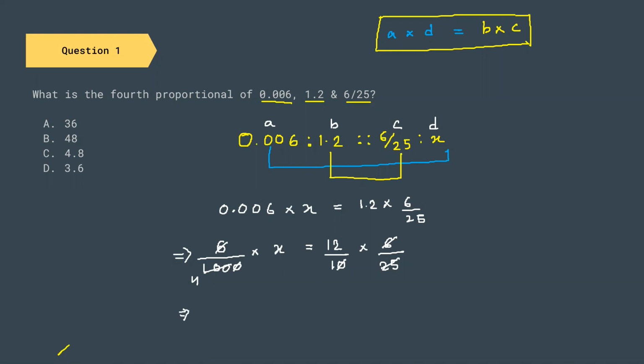This is going to be x by 4 is equal to 12, if I'm not wrong. In the next step, x equals 12 into 4, that is 48. So the final value for x, the fourth proportional of these terms, is 48, and this is our correct result. I hope you have understood this one.